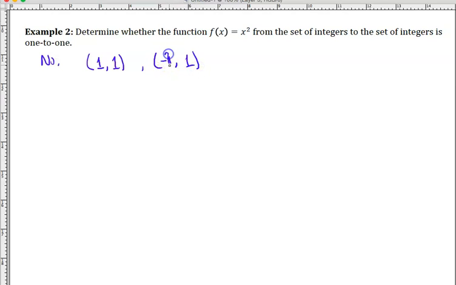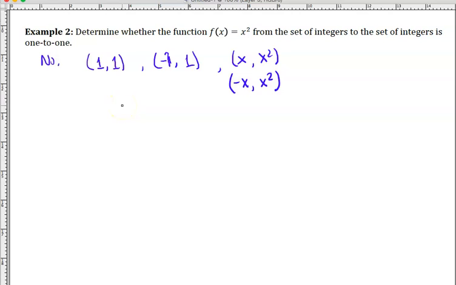For any arbitrary x, if you plug in x you get x squared, but if you plug in the negative of it, you also get x squared. So there's not a one-to-one correspondence.